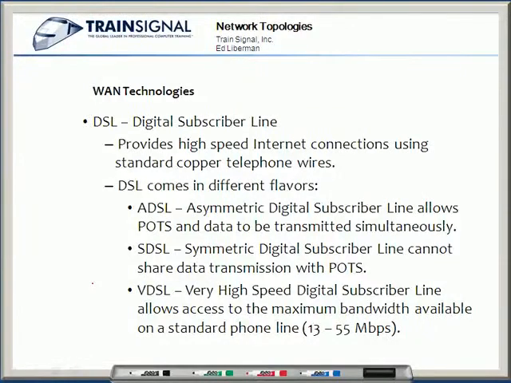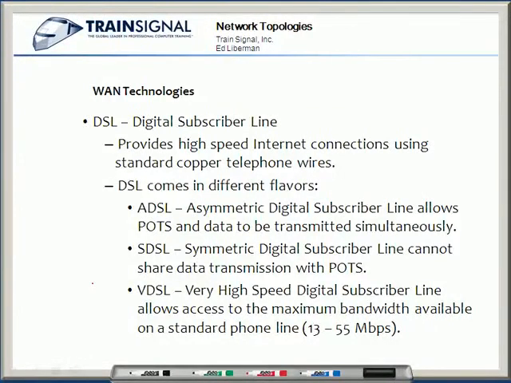Now, the last one we have here is something called VDSL. I love it. They put a V in there for very high speed DSL, basically. And I'll tell you, VDSL is somewhat new, not necessarily heavily used yet, not very well known, but it's a technology that allows access to the maximum bandwidth available on your standard copper phone lines, which would be anywhere from 13 to 55 megabits per second.